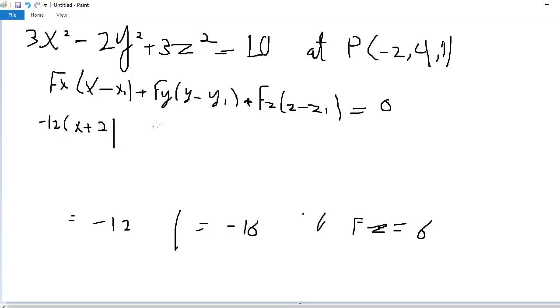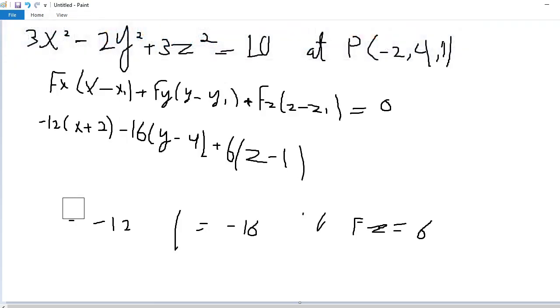Then fy is negative 16, in parentheses. Minus 16, then y minus 4. Then plus 6, fz, then z minus z1.